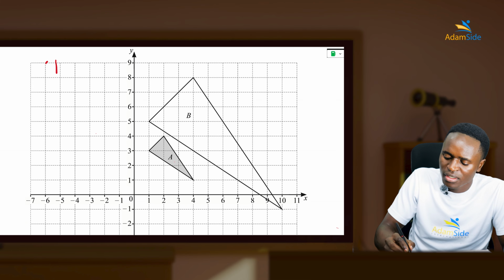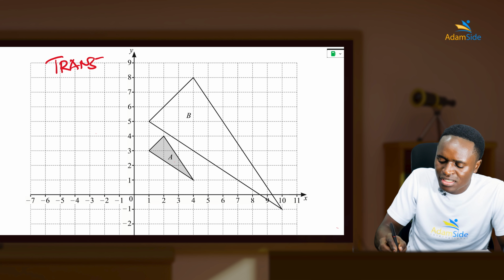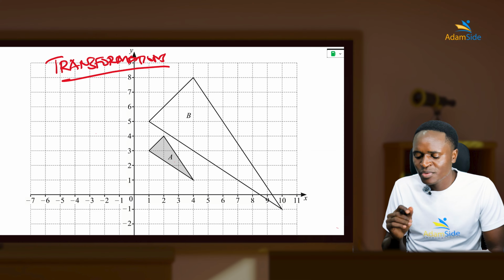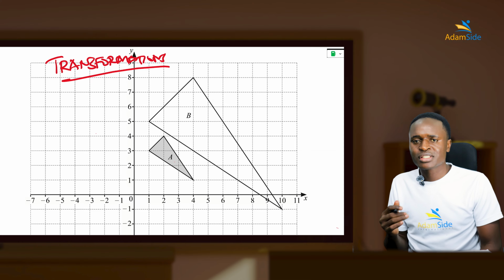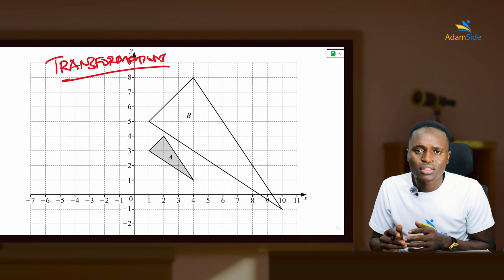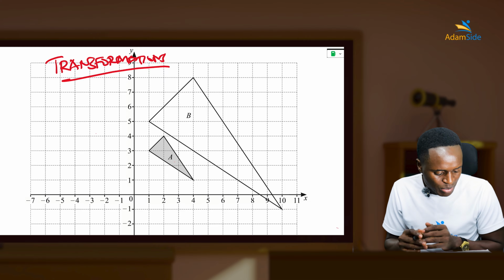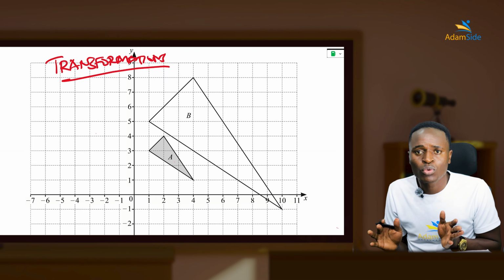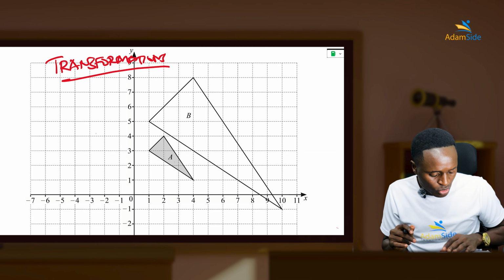Here, movement of solids in a plane. We say transformation. Very important unit. It doesn't miss. If it comes in paper 2, you will not see it in paper 4, or sometimes they can examine you in both papers. So prepare yourself, it is a must for it to come. It's like quadratic, like any other topic. Transformation.